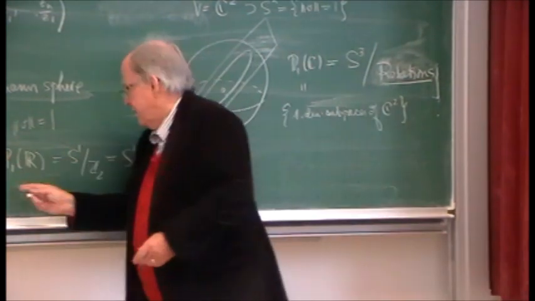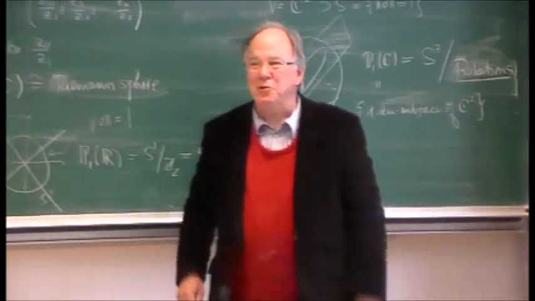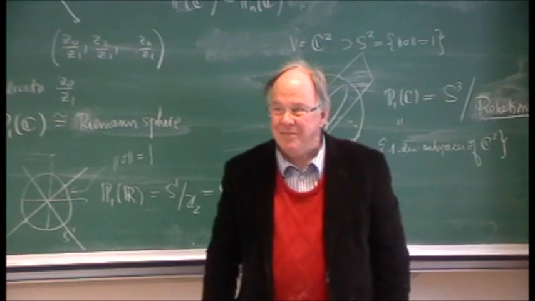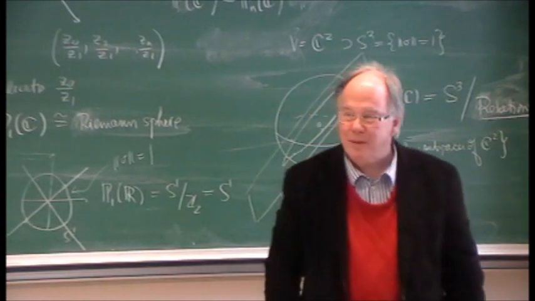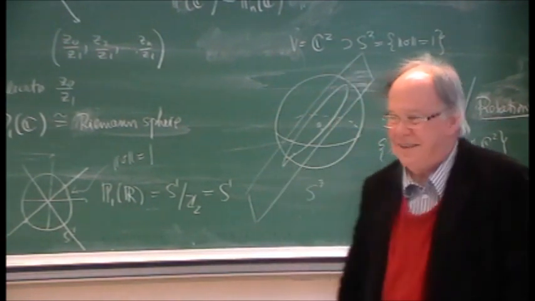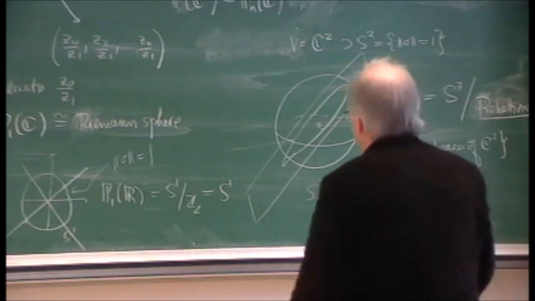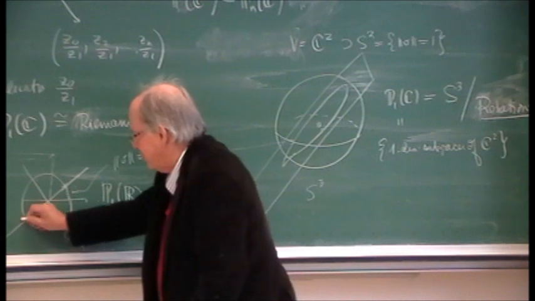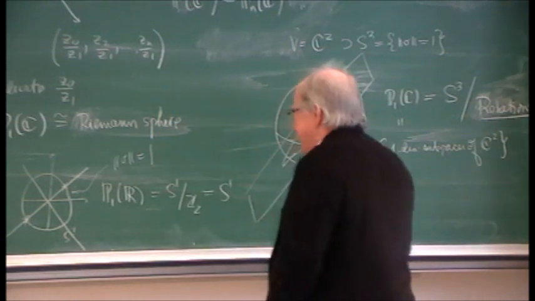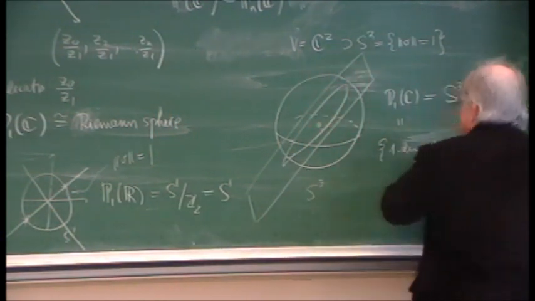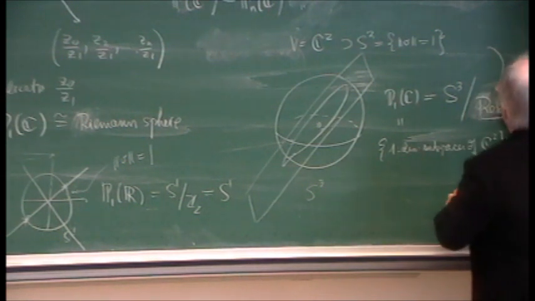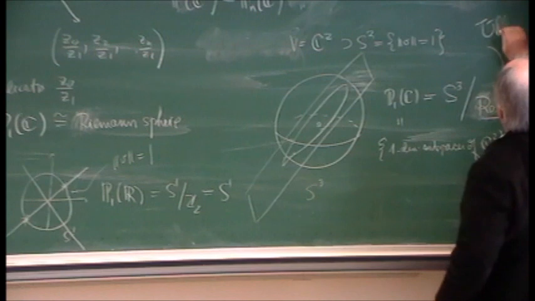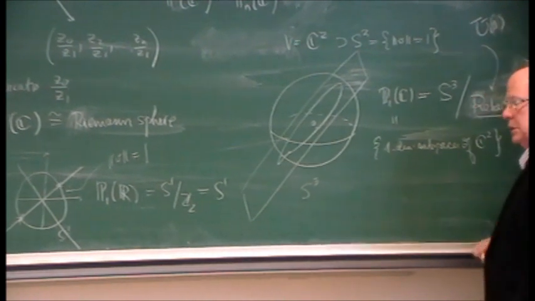Here we mod out by Z2, which is the group of rotations in dimension 0. It's the fact that the orthogonal group is not connected. So this group of rotations in dimension 0 is a funny thing, a dangerous group because it's not connected. Here, this is not so dangerous. This group of rotations is just the unitary group U1.